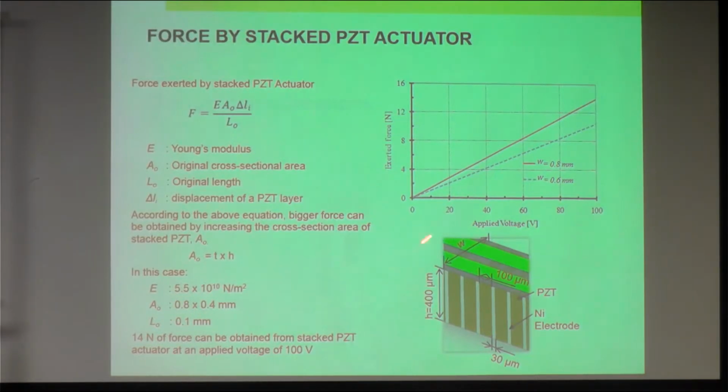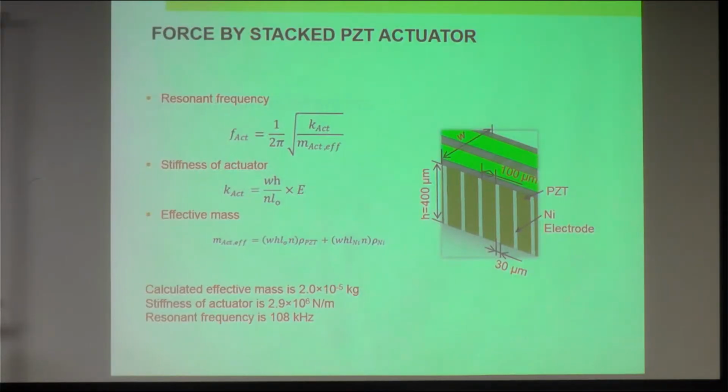So with this calculation of W equals 0.8 and W equals 0.6 comparison, we know that the exerted force for 0.6 W here is about 10, and if you have a bigger size, 0.8 millimeter of W here, we can have higher force, at about 13 Newton. So that is where we can have a 14 Newton here.